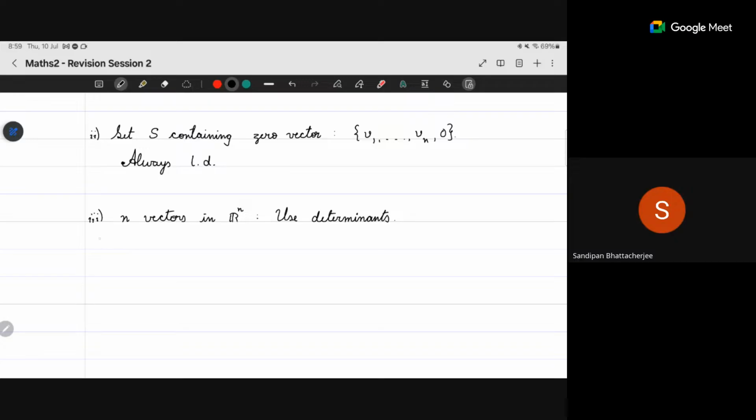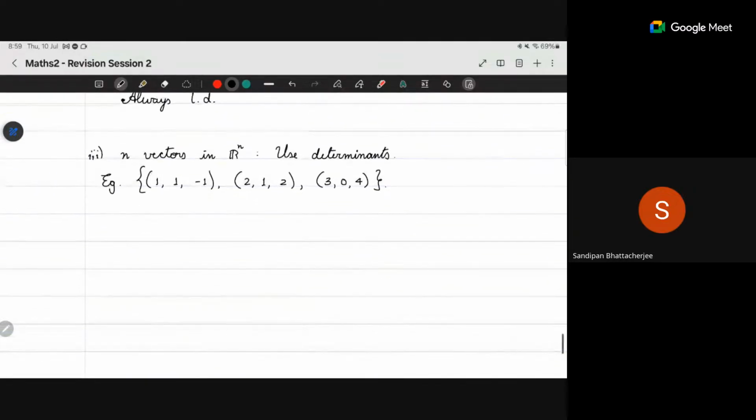So if I take an example, this is a set of 3 elements in R3, so it satisfies this special case criteria. I'll just write (1, 1, -1), (2, 1, 2), (3, 0, 4).